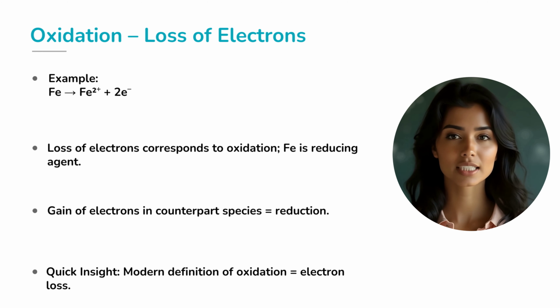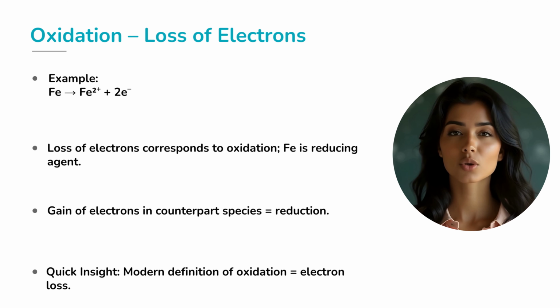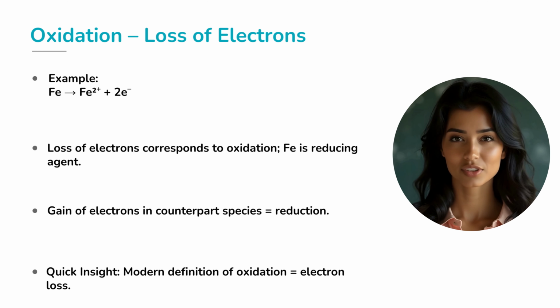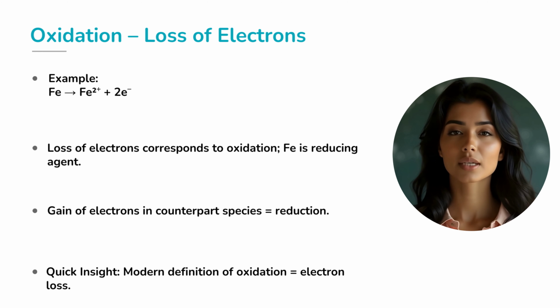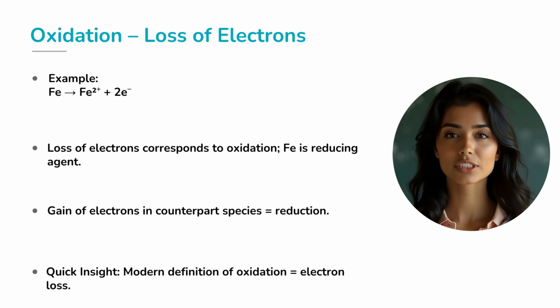As iron loses electrons, it's undergoing oxidation. So, the reducing agent here is iron, and the counterpart species gaining those electrons is being reduced. This is the modern definition of oxidation, the loss of electrons. If you're ever confused about whether something is oxidized, just remember, it's all about electron loss.